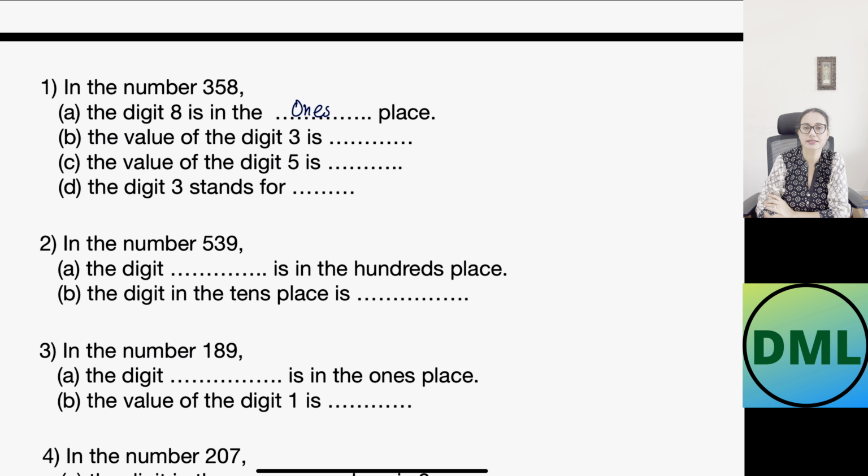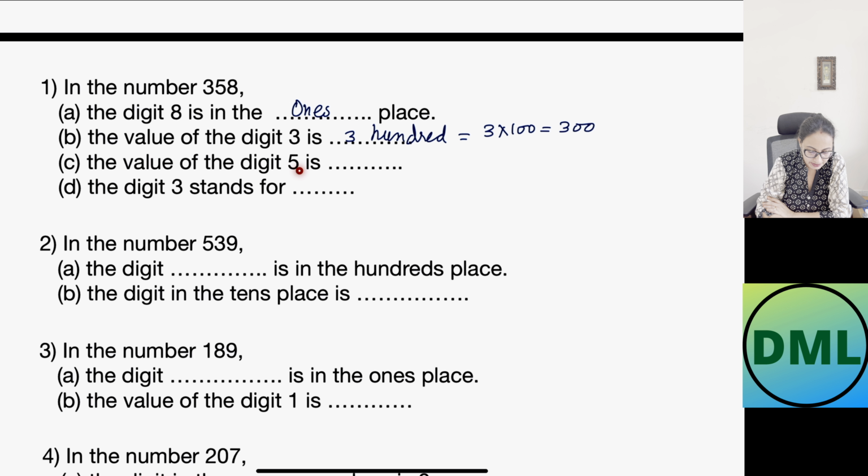First we will see that digit 3 is at which place. The digit 3 is at hundreds place. The value is 300. 3 hundreds, so multiplied by 100 and the value will be written as 300.